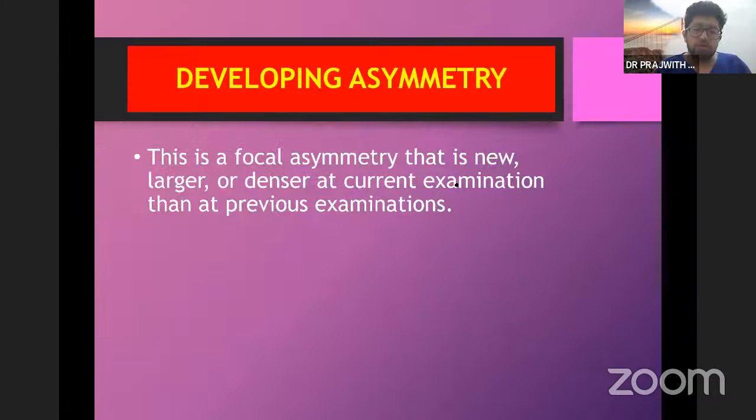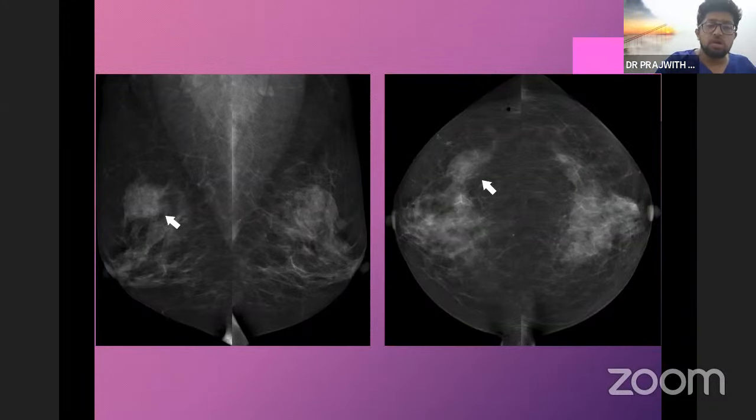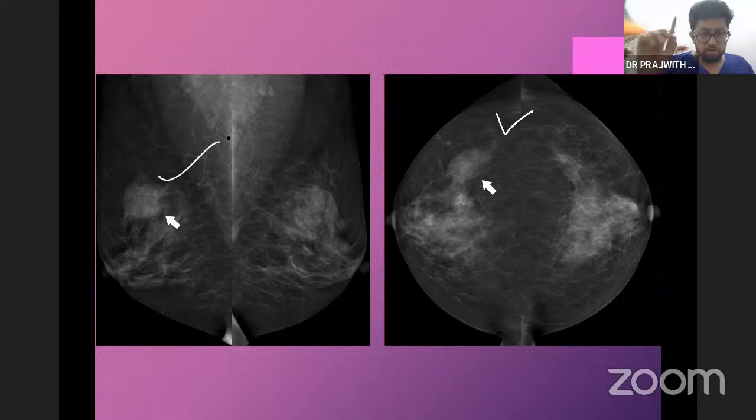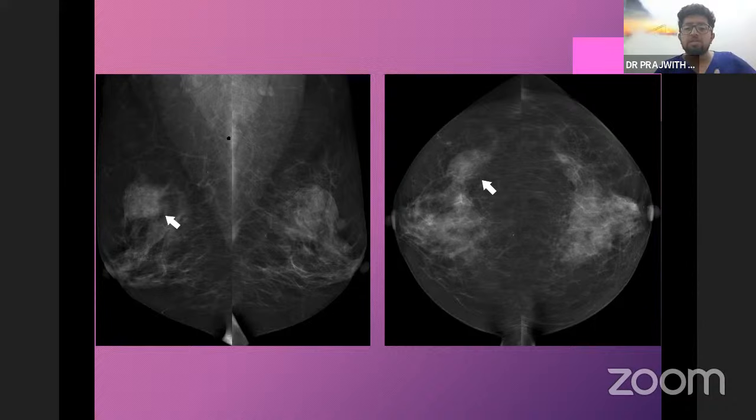Now, one more thing, whenever we see this kind of lesion, a focal asymmetry, you can do follow-up imaging, or you can compare this with the old mammography. If the old mammography and this have the same size, then we can directly put this lesion into the BIRADS 2 category. We don't have to worry about malignancy.